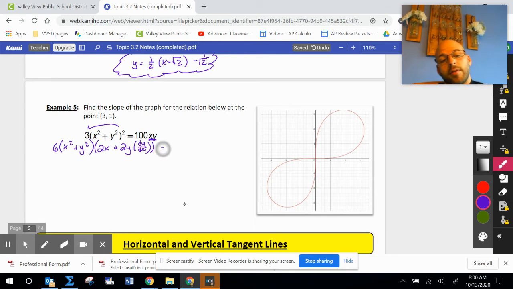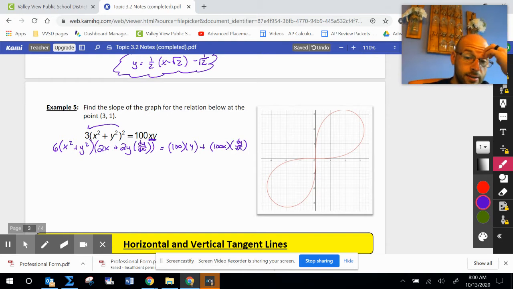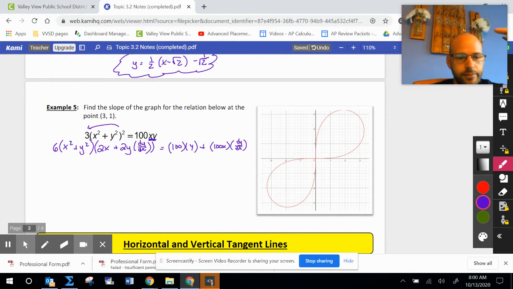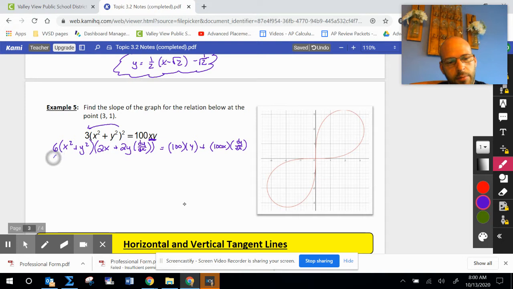Now I want to take the derivative of the right-hand side. So the 100x is just going to be 100 times, keep the second the same, plus, now keep the first the same, and take the derivative of y, which is a dy over dx. Okay, so let's clean up what I got here.